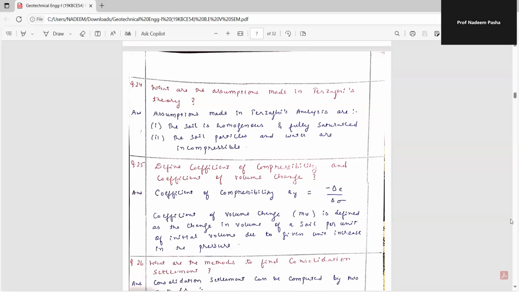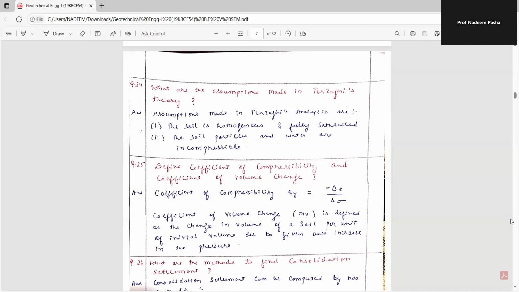Define coefficient of compressibility and coefficient of volume change. So coefficient of compressibility a_v is equal to minus delta e by delta sigma. So how are we defining coefficient of compressibility? a_v is equal to minus delta e by delta sigma, coefficient of compressibility.